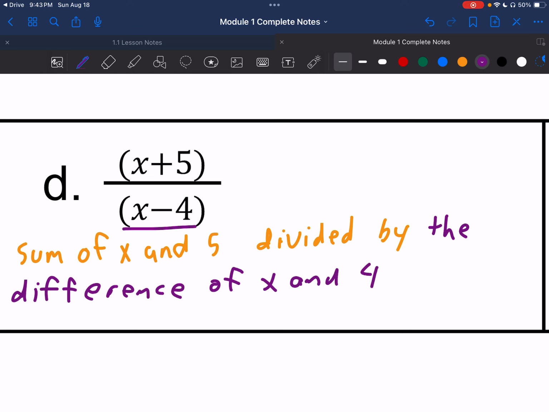All right, so we have the sum of x and 5 divided by the difference of x and 4. So by saying the sum of and the difference of, we are indicating that there's parentheses there and there's something a little more complex going on.